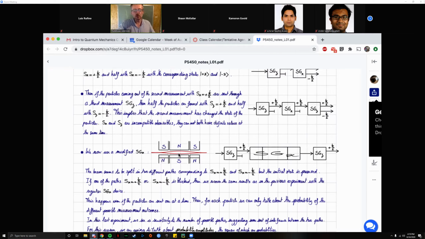So if you have such a device, and you were to feed the input of this device with particles that have been selected for having a positive value of the z component of their angular momentum, and you were to send the output to a second Stern-Gerlach device that also measures the z component, then you would observe that all the particles have a positive value of the z component of their angular momentum.